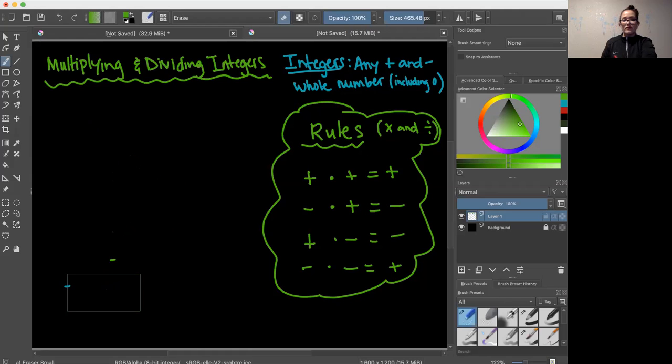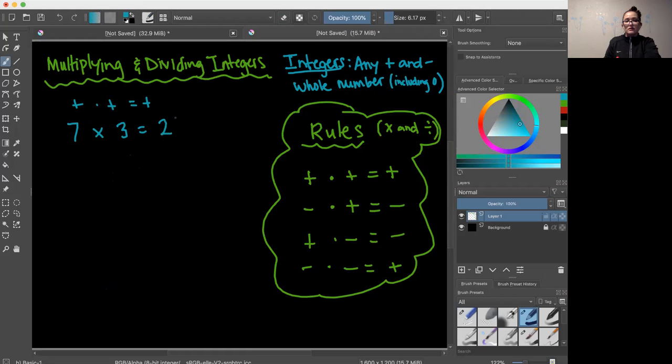Let's try one of each rule. So if I have, let's say, 7 times 3 here, these are two positive numbers. Okay, so two positive numbers, the same operations is going to get me a positive, right? So 7 times 3 is 21.